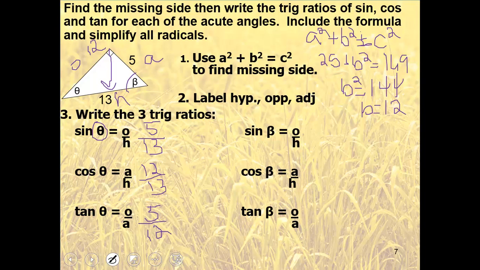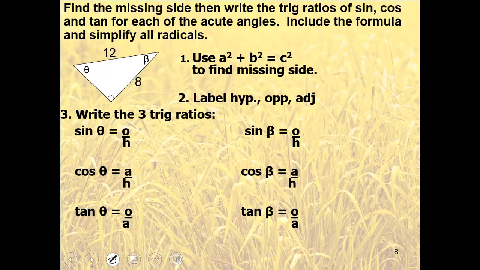Opposite over hypotenuse is going to be 12 over 13. Cosine is going to be adjacent over hypotenuse, 5 over 13. And then the tangent is going to be the opposite over adjacent, which is 12 over 5. Simplify, but don't write them as decimals.